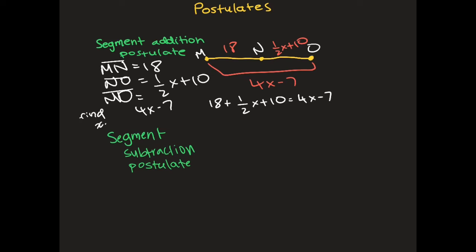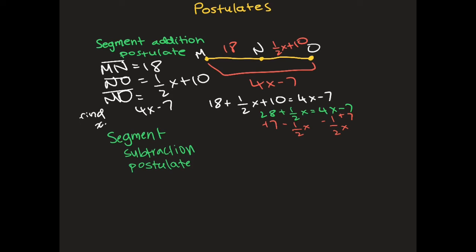So that becomes 28 plus 1/2 x is equal to 4x minus 7. Plus 7, plus 7, and then we also do minus 1/2 x, minus 1/2 x.